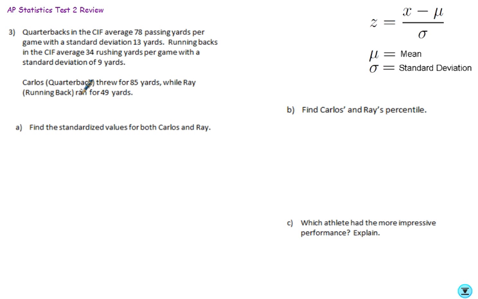So we have two people here. We have Carlos, and then we have Ray. Let's identify some information here. For Carlos, our quarterback, we have an average of 78 with a standard deviation of 13.